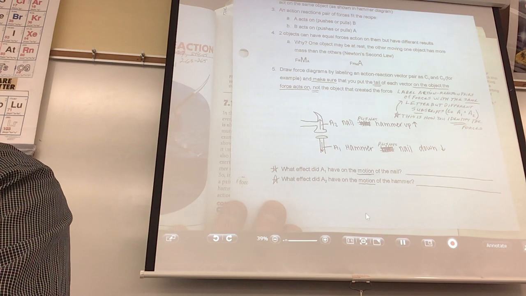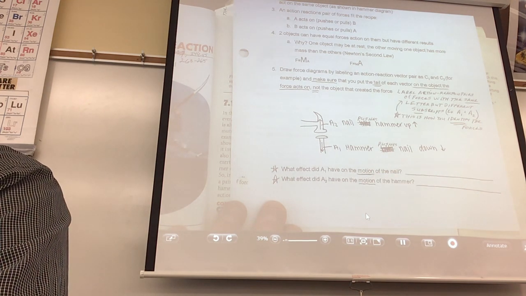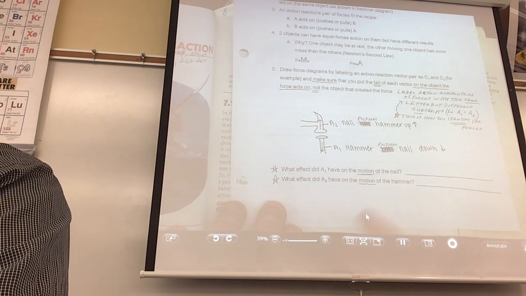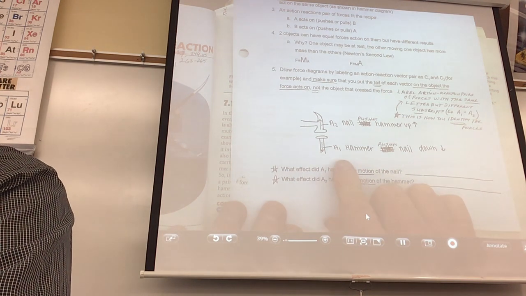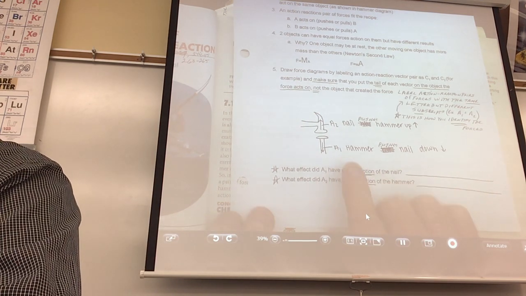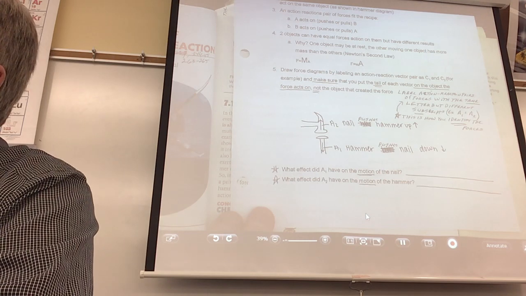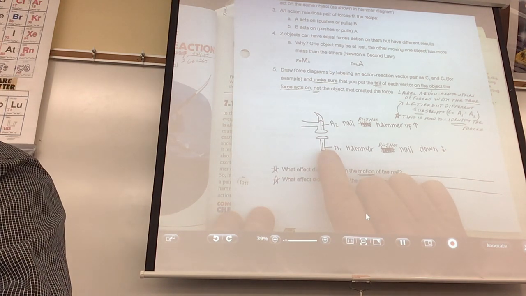Now, what we're going to be doing is some force diagrams today, and I might say something like this. Identify force A1. And the force is always drawn not on the object that created it, but what it's acting on. I know it's acting on the nail, but who do you think created that force right here?